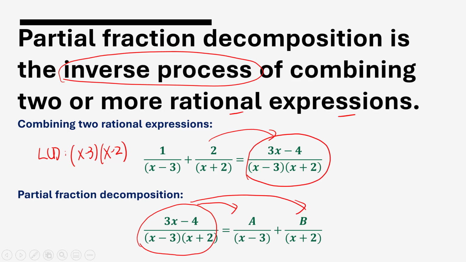And here, the key thing is to find out what is the constant on top of the first linear term, and then what's the constant on top of the second linear term. Meaning, basically, we just try to figure out what A is and what B is. And from the original source, we know A in this case is 1, B in this case is 2.